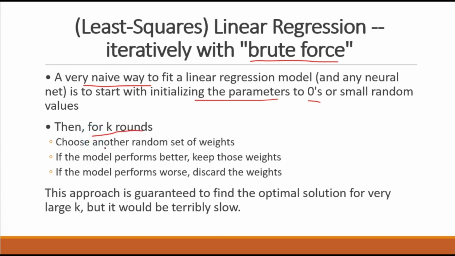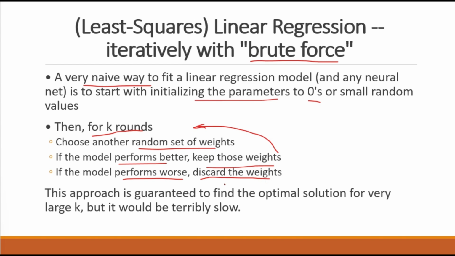For k rounds we choose a random set of weights, and then we look at the predictions of the linear regression model. If the model performs better, we keep those weights and then we go back here. So this is like iteration k times. Every time we find better weights, we keep those, and if the weights are worse, we discard them. So we only keep the weights if they are actually better than before.